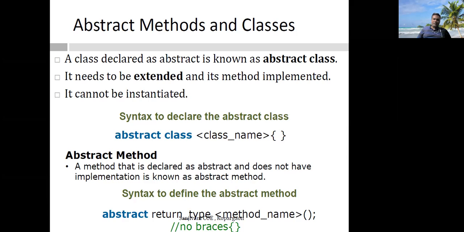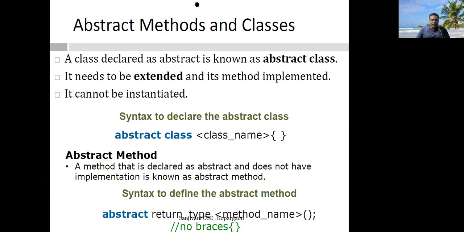Once you declare a class as abstract, a new class must be inherited from the abstract class, so that whatever methods or data members are defined inside the abstract class get called through the object of the derived class. Just specify the keyword abstract before the class keyword.